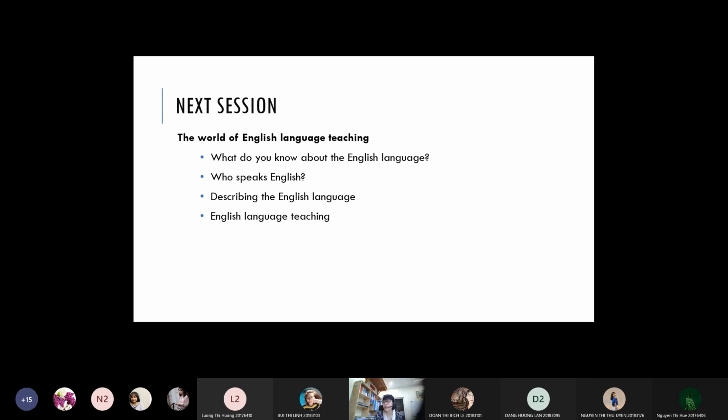And the first attempt to describe the English language. The English language is a very broad term, and we may try to break it down into smaller elements, and then a few first ideas about English language teaching.